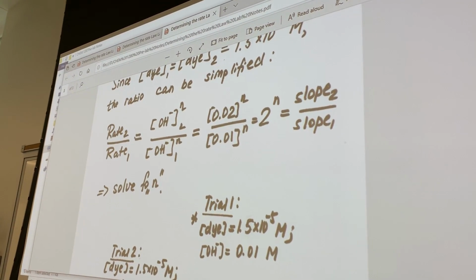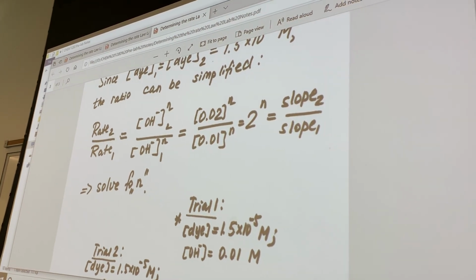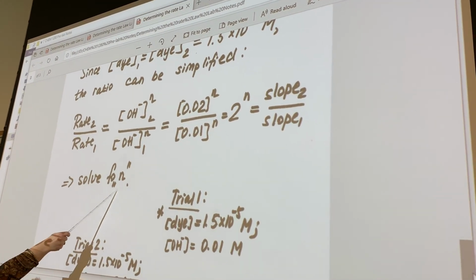So once again, once we found the two slopes, we can then try to solve for n.